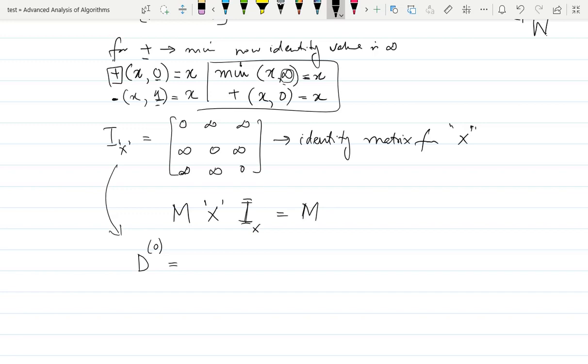So this is the same as calculating d_ij^0, and if you remember, this means: if i is equal to j, then delta ij is equal to 0, and if i is not equal to j, then delta ij is equal to infinity, right? So this is what we have calculated.